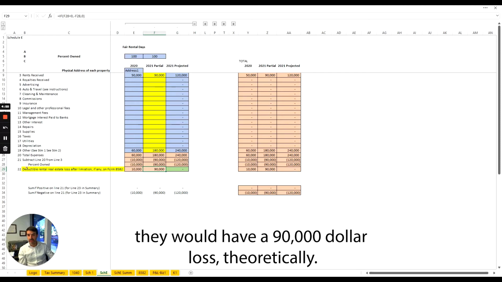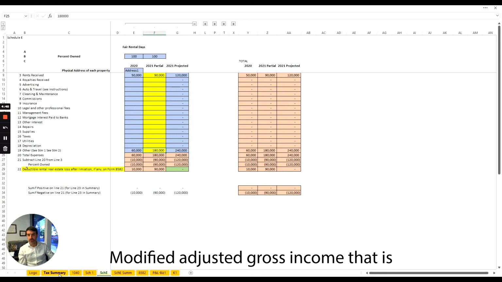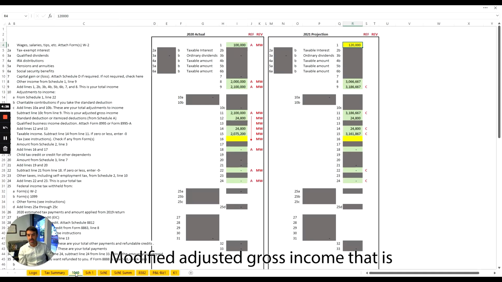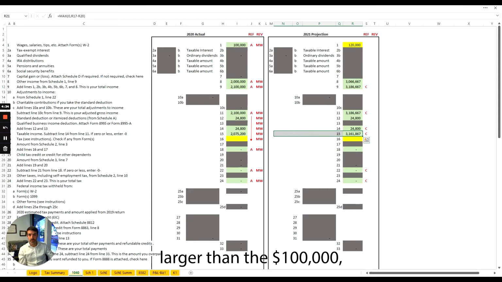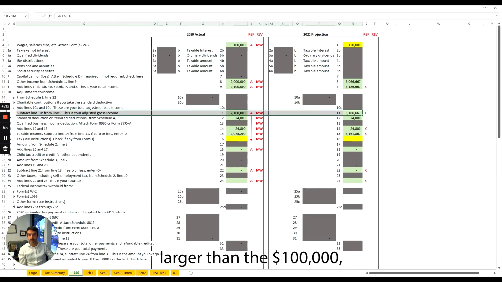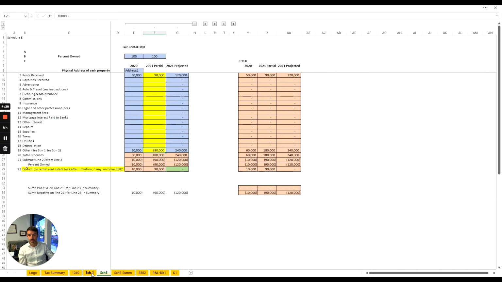We put in, so here they would have a $90,000 loss theoretically. However, because they're going to have a modified adjusted gross income that is larger than the $100,000, they're not going to be able to take any losses.